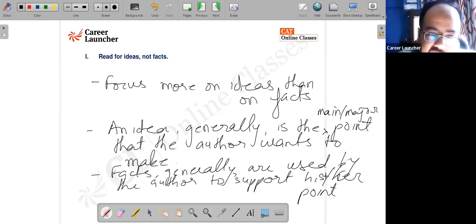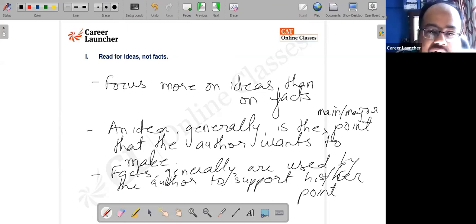So this is how I differentiate fact from ideas. Idea is the main or the major point that the author wants to make. Facts are used by the author to support his or her point. So facts will generally make up the supporting details, whereas the idea will be the actual concept that the author wants to put across, or the most important concept that the author wants to put across.